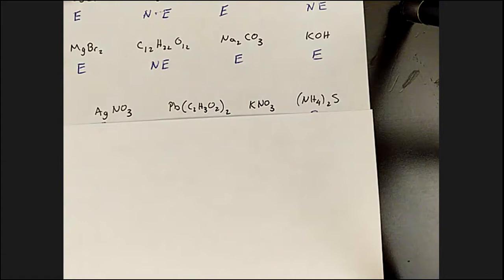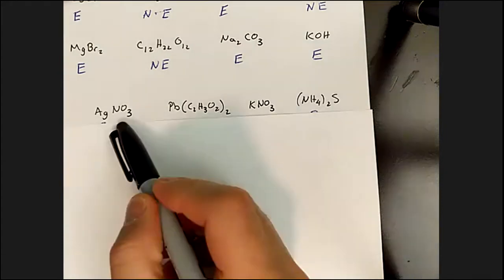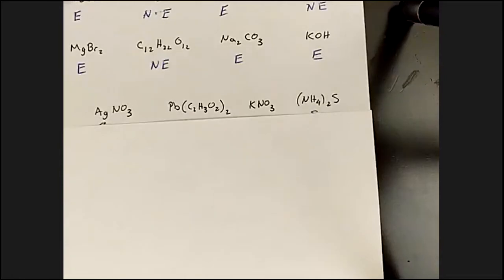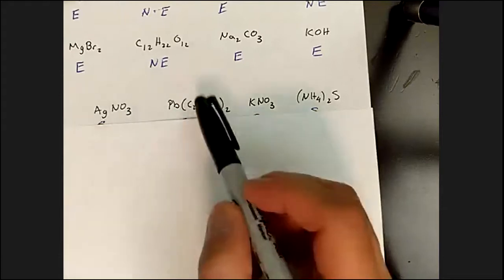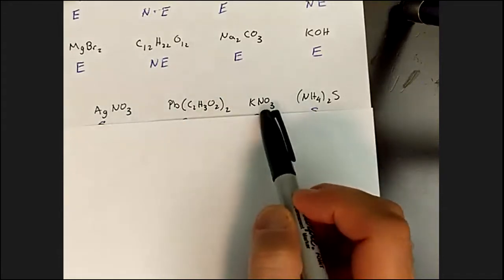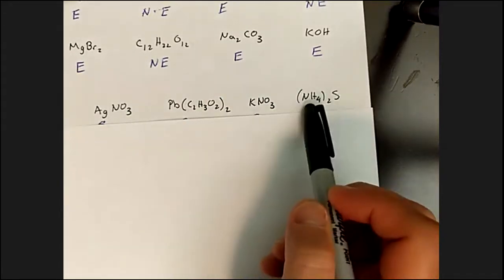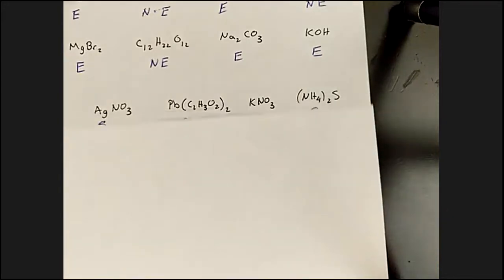So silver nitrate. This is where knowing our rule number 1 ions comes in, that small group, that one slide that has a bunch of stuff. Things like nitrate, acetate, and ammonium are all rule number 1 ions.